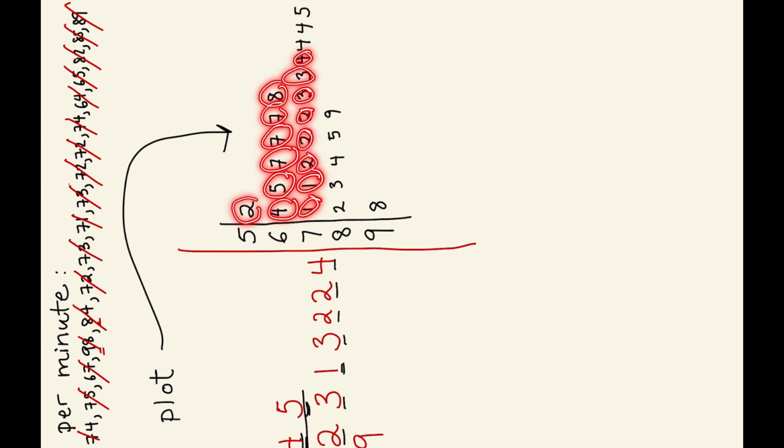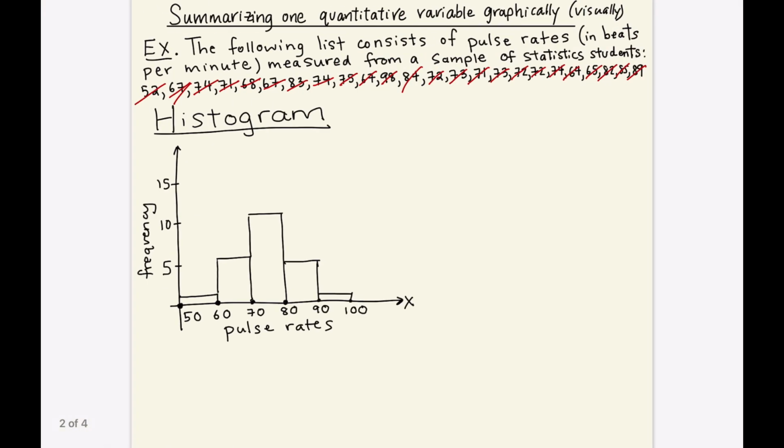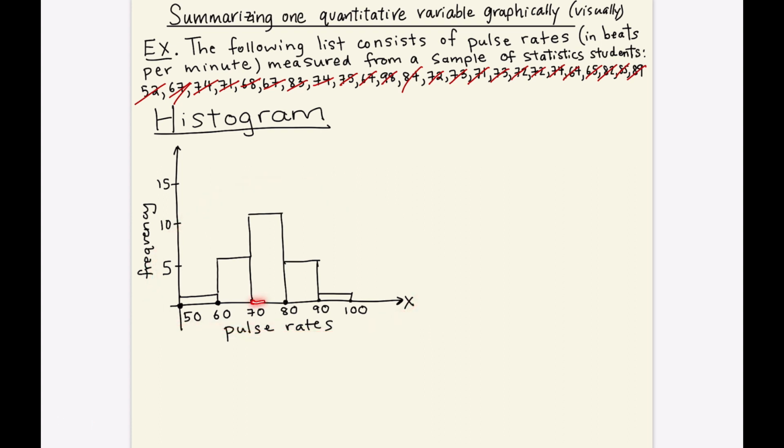So it has this advantage that, in addition to showing me the shape of the data, it also encodes all the values. Remember, with the histogram, once I look at it, I lose some information. I know that there were 11 values in this class, but I don't know exactly what those values are without the list of data values.